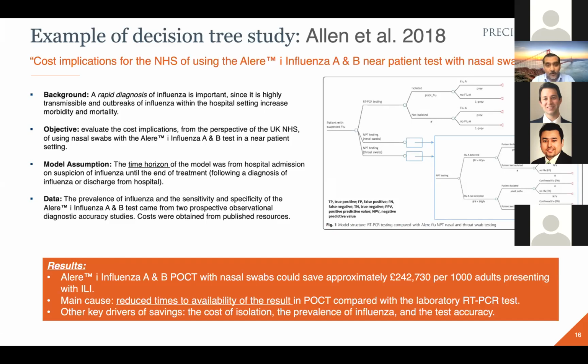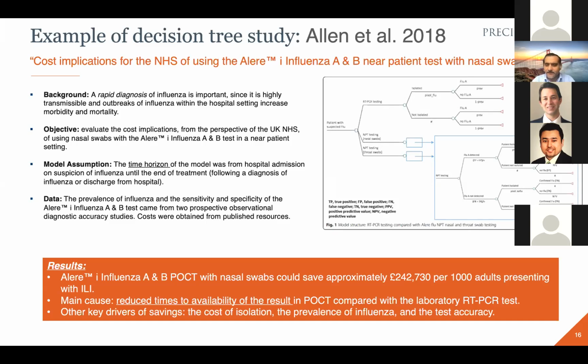But then they also did an additional analysis on why the cost is so low with the nasal swab. It is because the time to availability of results is much shorter with the nasal swab compared to the throat swab and PCR testing, for example.